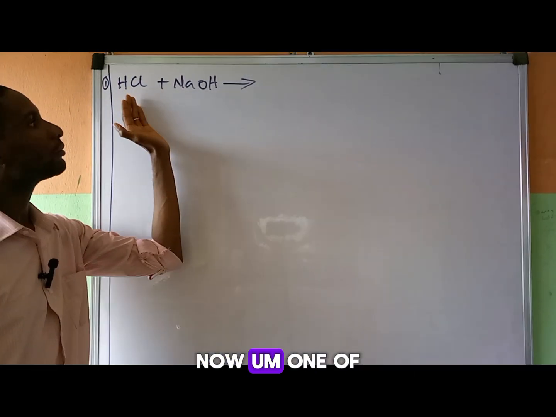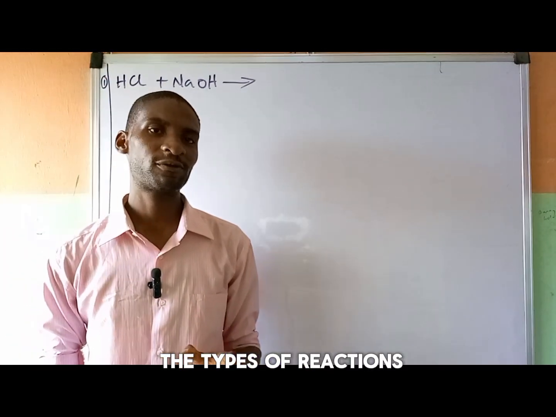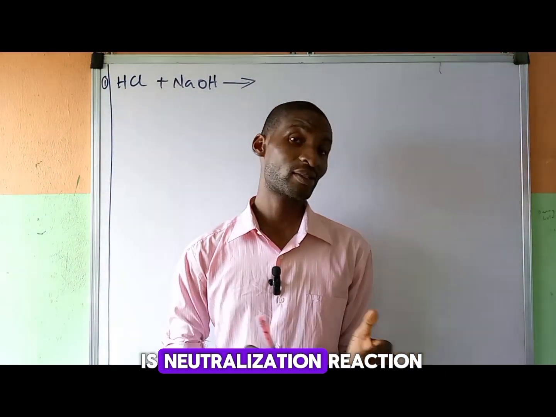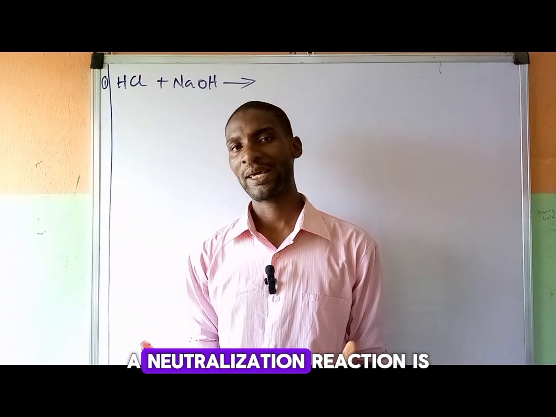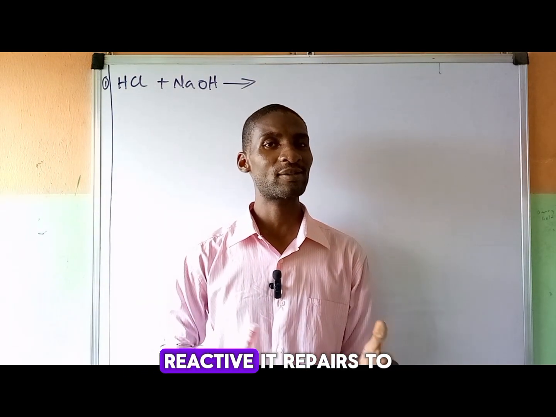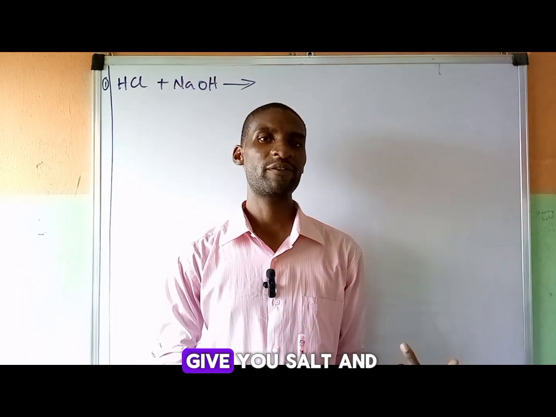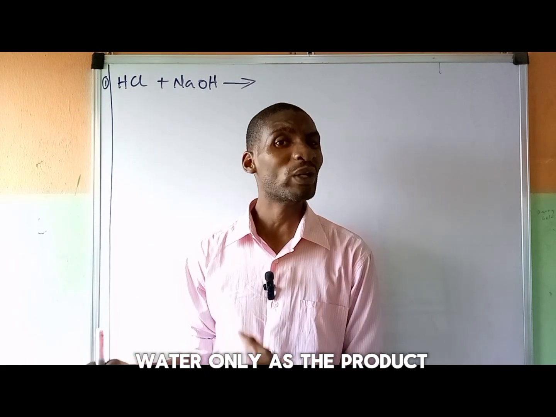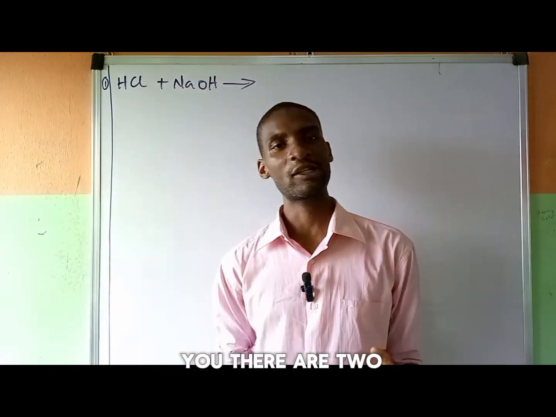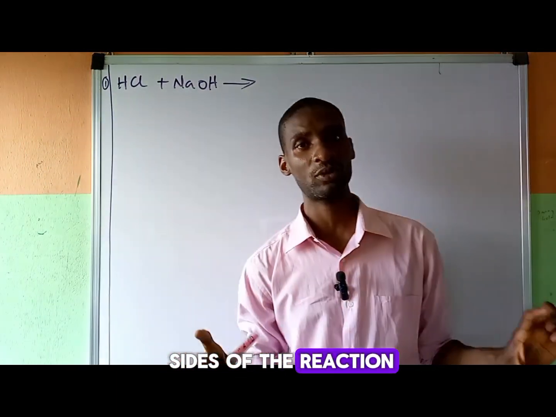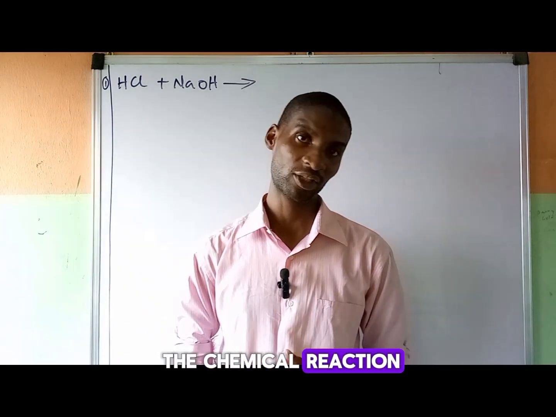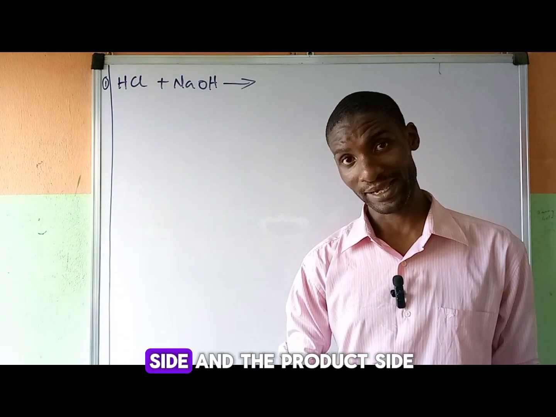Now, one of the types of chemical reactions that exist is the neutralization reaction. A neutralization reaction is a reaction in which an acid reacts with a base to give you salt and water only as the product. And remember I told you there are two sides of a chemical equation: the reactant side and the product side.